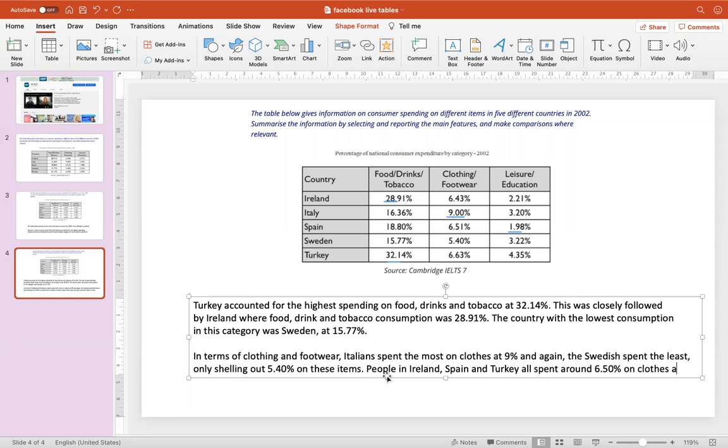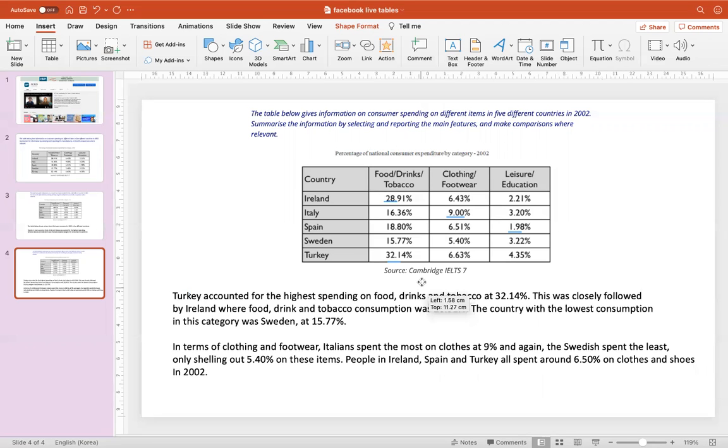Let's rephrase clothes and shoes instead of clothing and footwear. Remember, guys, let's try not to repeat. In 2002. Okay, cool. So that's our first two.